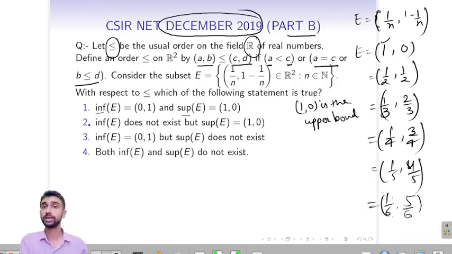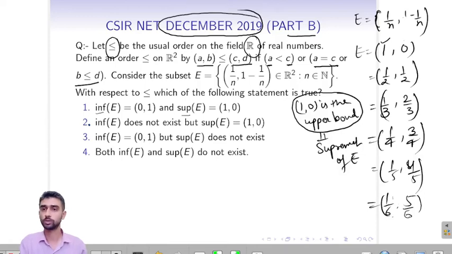The upper bound also belongs to the set, so it is the highest element. So I'll say that it is the supremum of E, (1, 0).